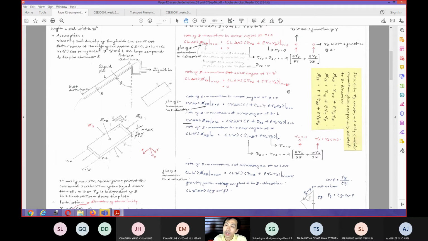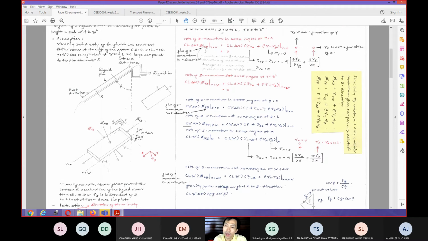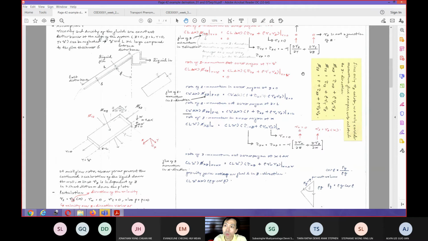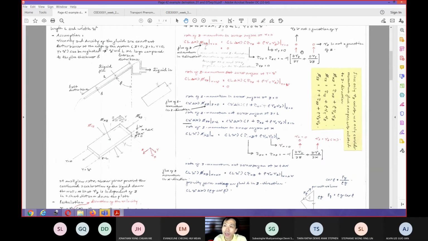Now, this del Vz per del y is equal to 0. Why? Because our Vz is not a function of y. When it's not a function of y, if we differentiate with respect to y, it becomes a constant. When you differentiate a constant, it becomes 0.